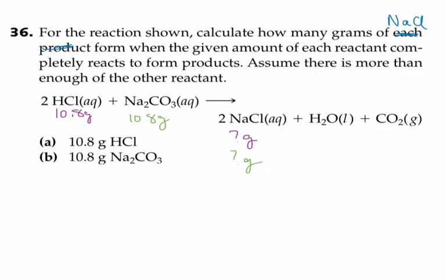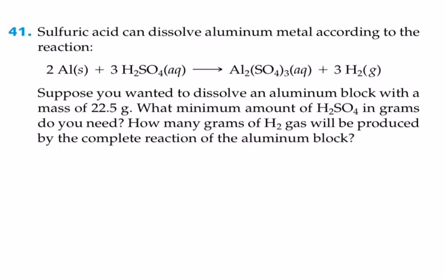And last but not least, it looks like this. I think probably we'll just leave it as it is. It says that you're dissolving solid aluminum in sulfuric acid. We worked with sulfuric acid yesterday, didn't we? And it says, let's just say that you have a mass of aluminum of 22.5 grams.